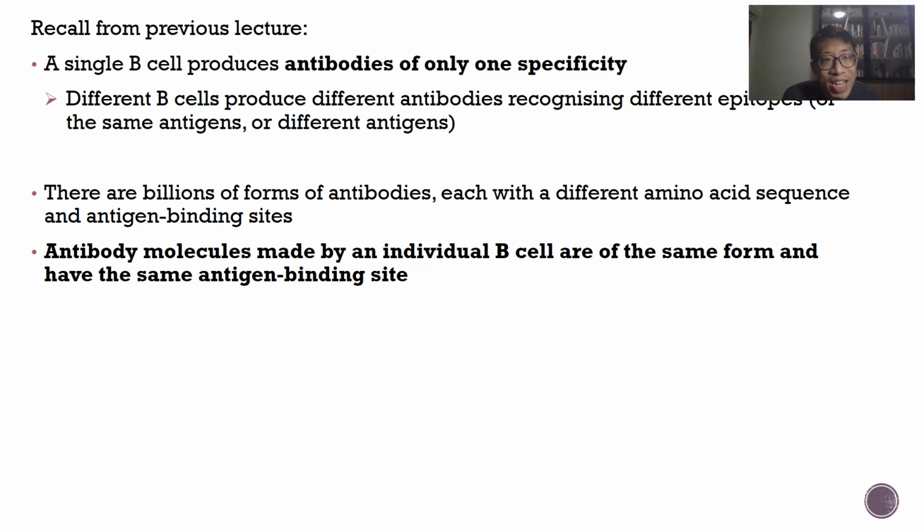So why would the B cells, which are supposed to be genetically identical, be able to produce antibodies that have different antigen binding sites? This would be the focus for this lecture.